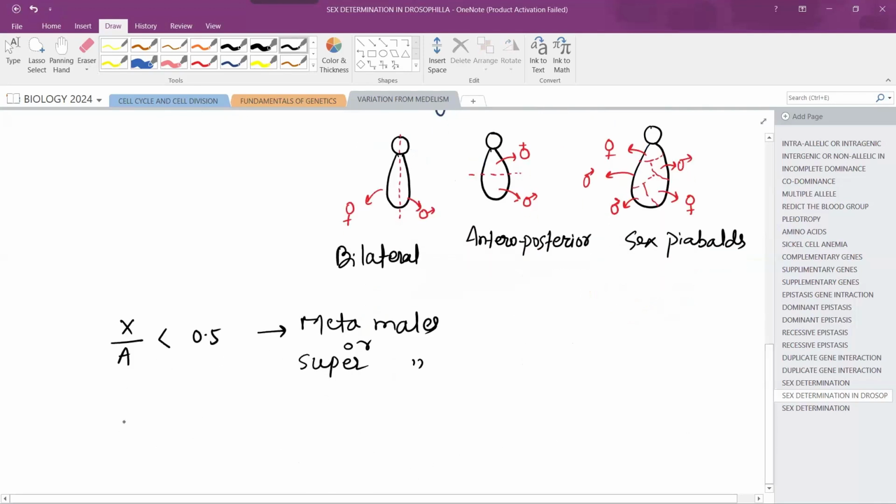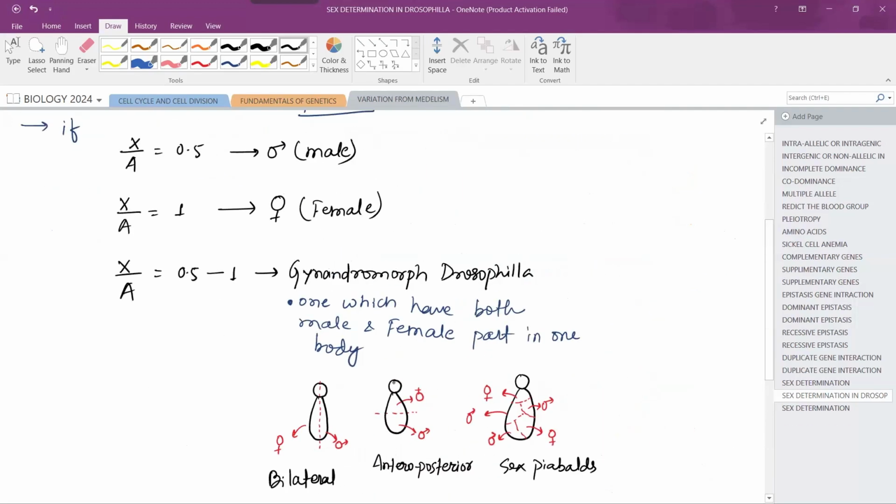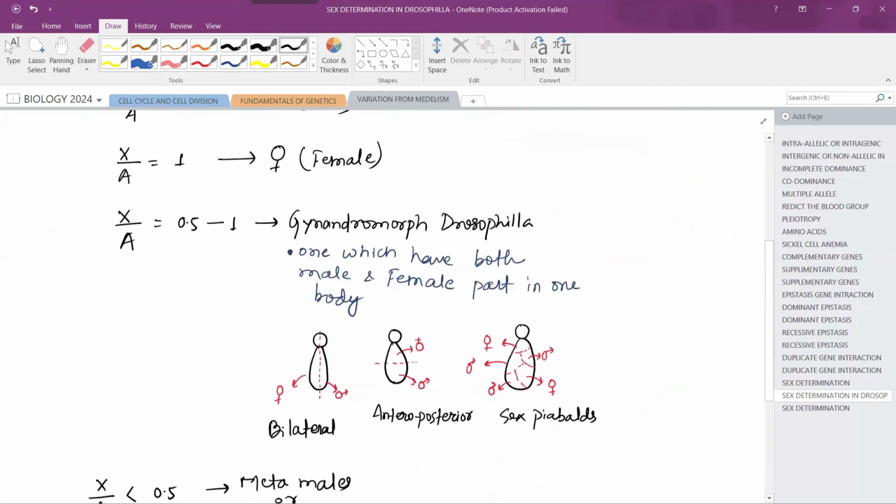And if X to A is more than 1, then you will get a meta female, or super female. And I think this might be easier to remember. Any doubt?